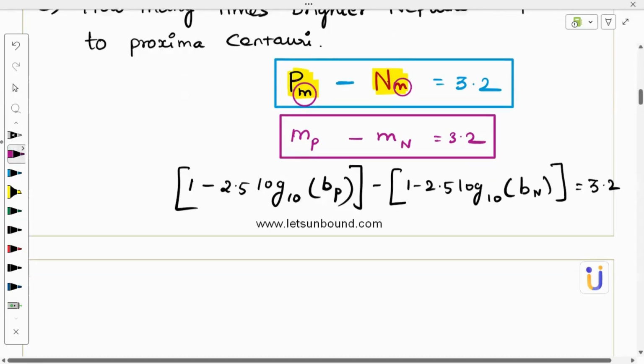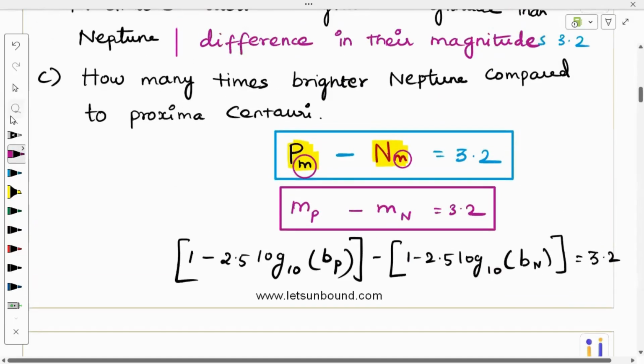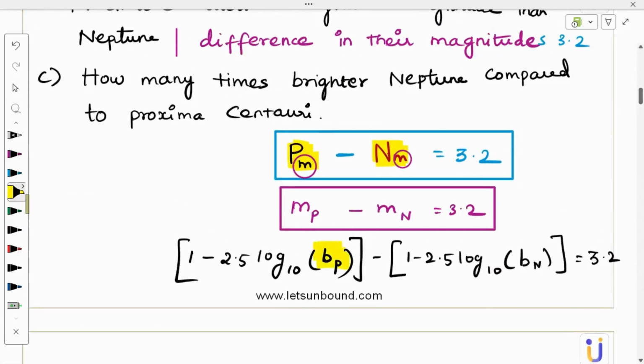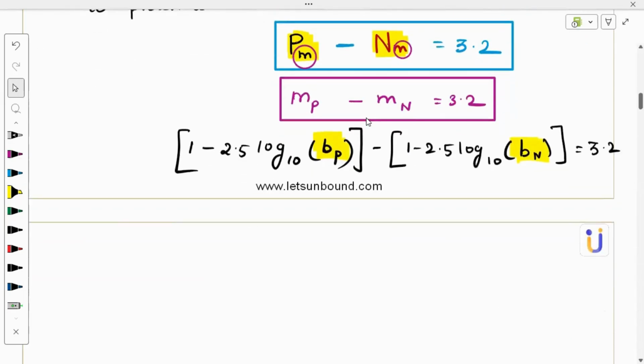So few more simplifications we need to do. Why? Because here we have two unknowns. So we have to compare how many times brighter the Neptune is compared to Proxima Centauri. So we have to make a ratio of brightness of Proxima and Neptune.